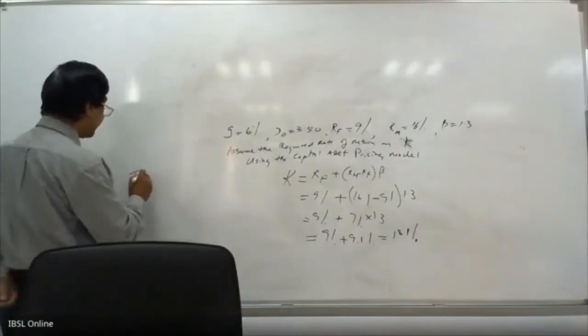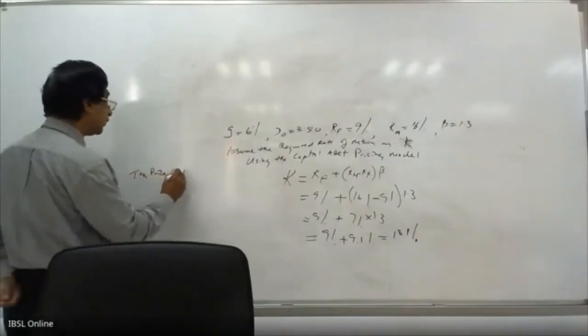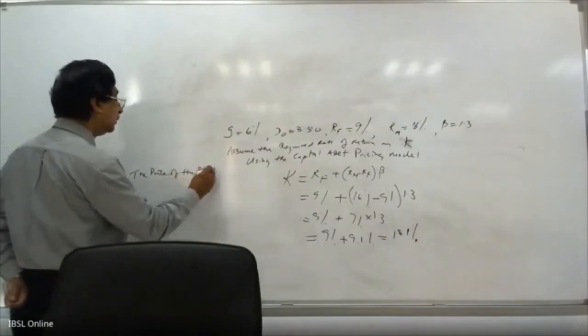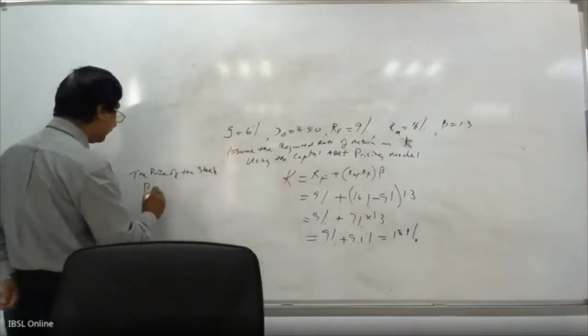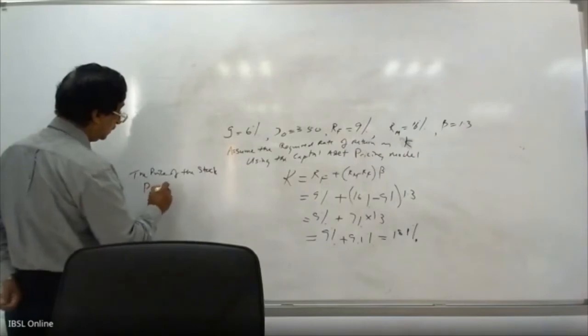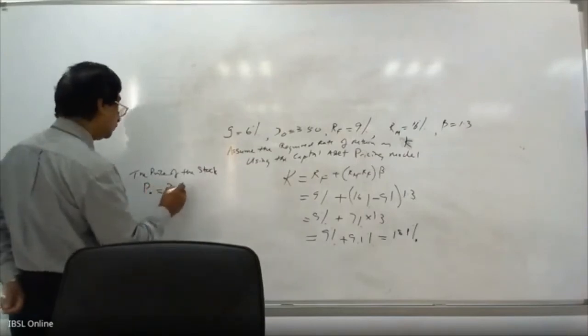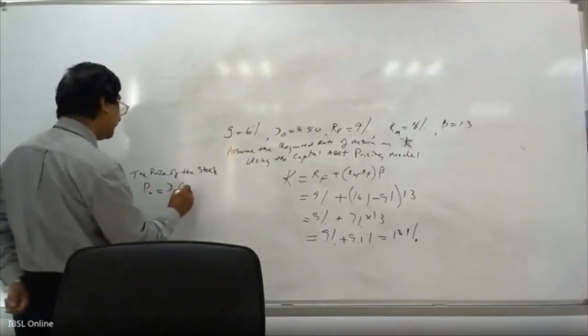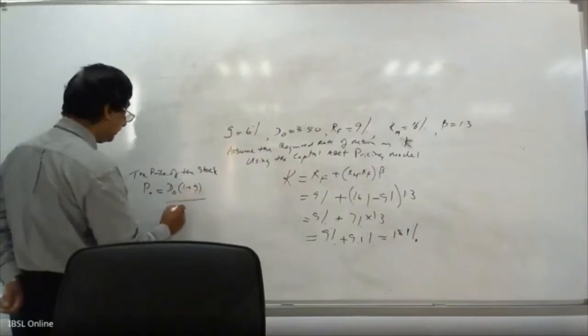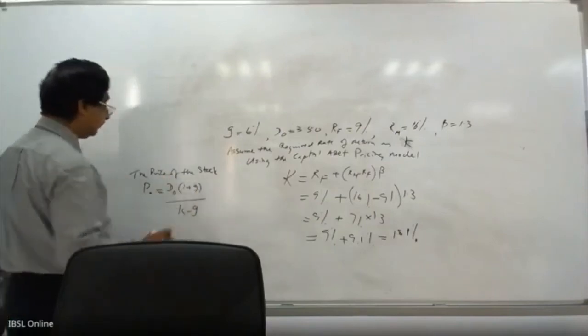The price of the stock at T0 is equal to D0 into 1 plus G divided by K minus G.